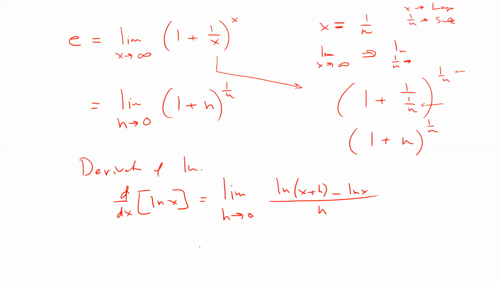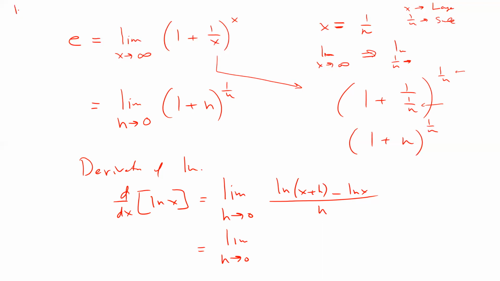Oh, and then we have these little rules from ln and logs. With a log, if you're subtracting two logs, what happens to the ratio of them? You guys remember that?